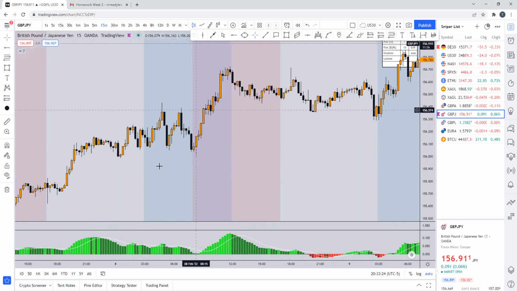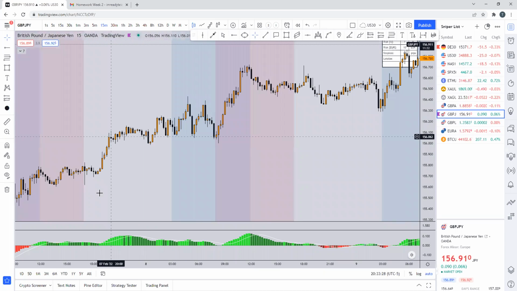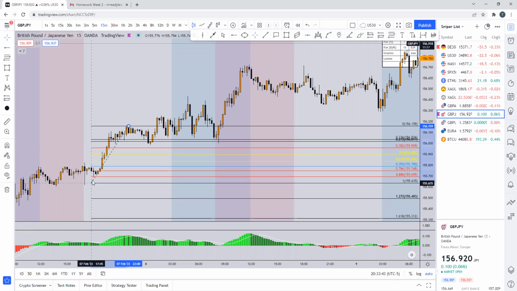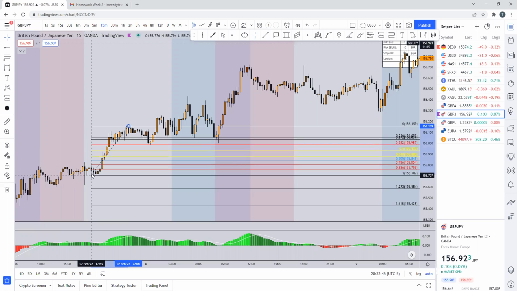This is 50% right here. That's a flat flag. I don't think this came 50%. Yeah, it didn't come 50%, so I'm not gonna use that.